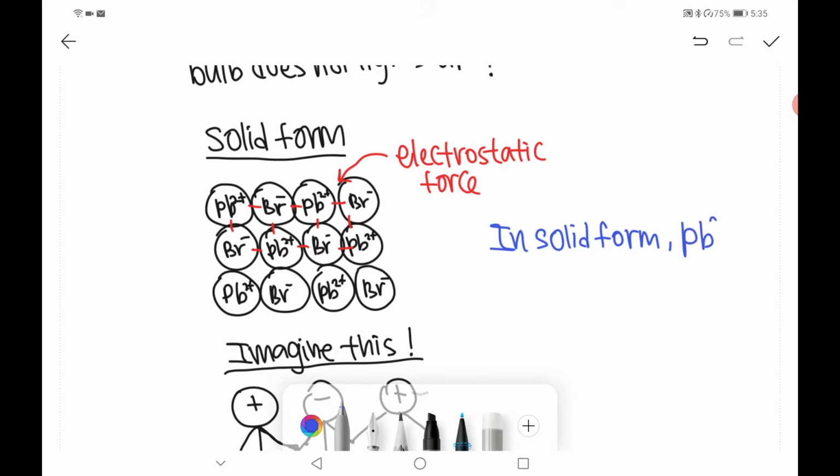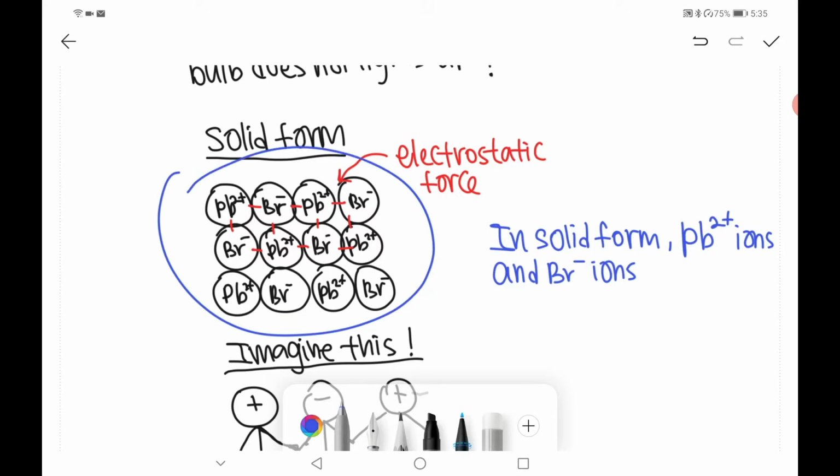So the Pb2+ ions and also the Br- ions, all the ions are arranged in a very orderly manner. They are fixed. They cannot move in a lattice structure.